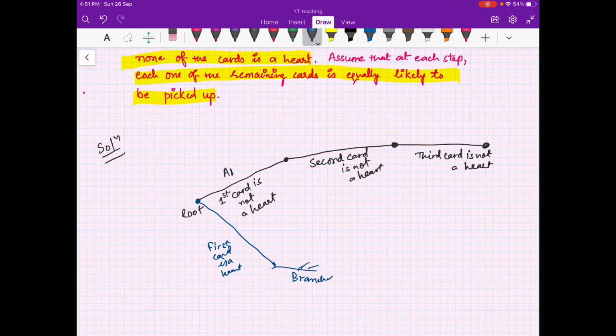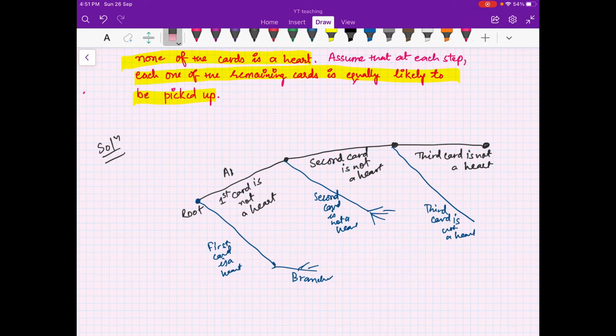Okay, and here also you have the second card is not a heart, right, then you will have branches here. And here also you will have the third card is not a heart, is a heart.